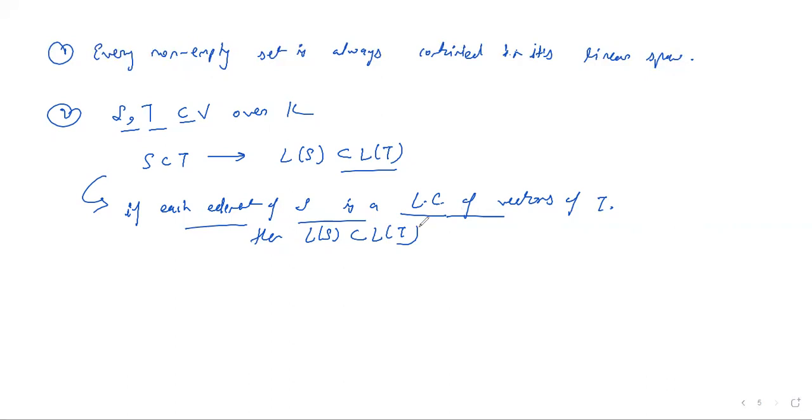So here we are saying that if each element of the set S can be written as a linear combination of the vectors of T, then the linear span of S is a subset of the linear span of T. Okay, now let's see further.